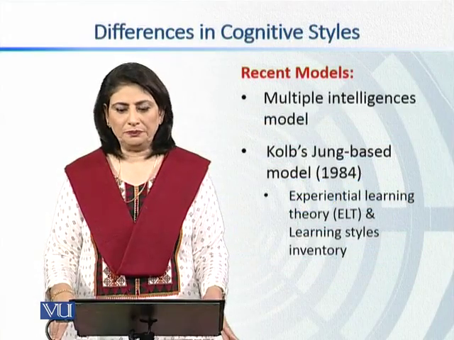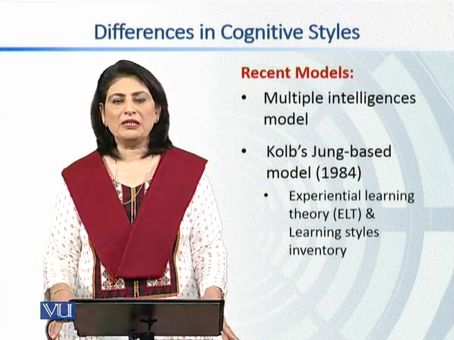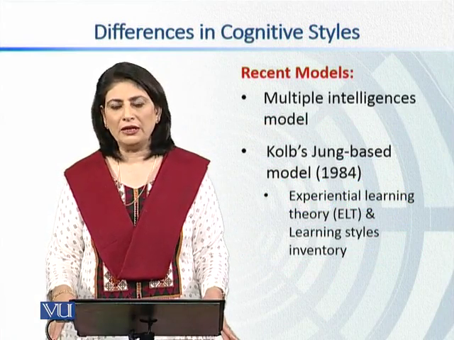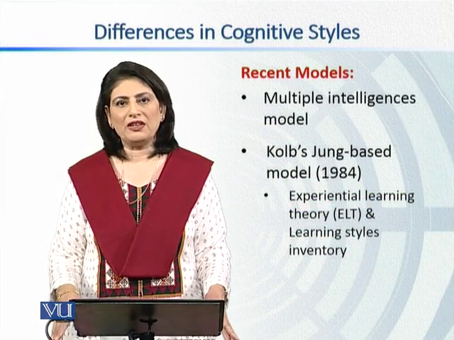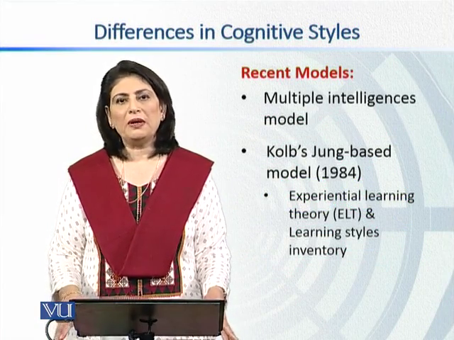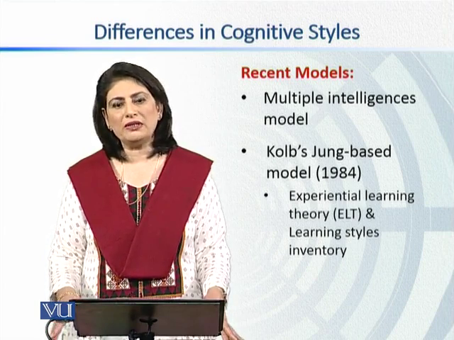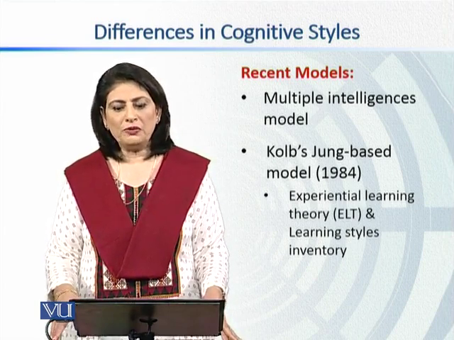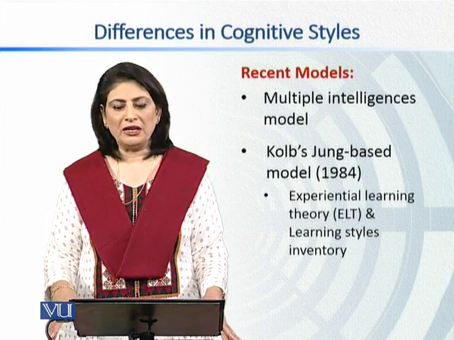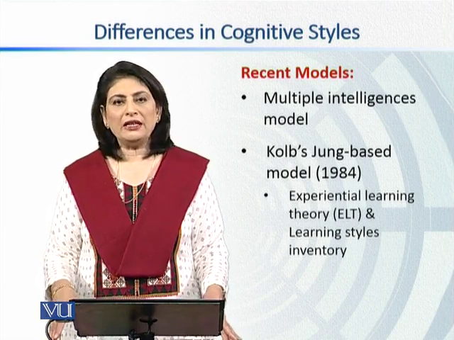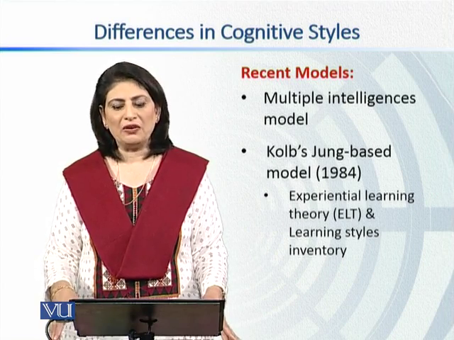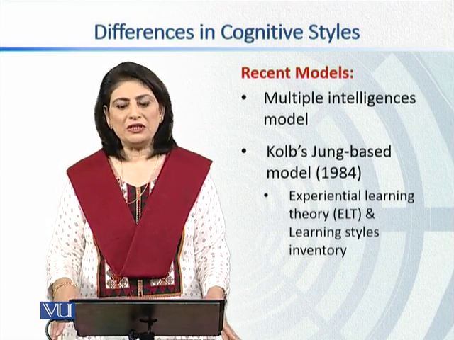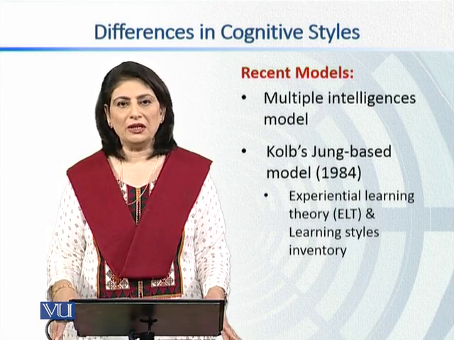Recent models have also looked at multiple intelligences. You have Gardner looking at this concept that intelligence is not singular, but has different modules. We have Kolb's Jung-based model in 1984. In this model, he presents a learning styles inventory based on the theory of experiential learning.